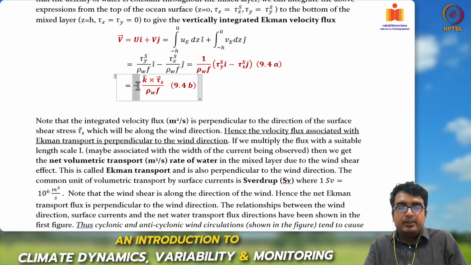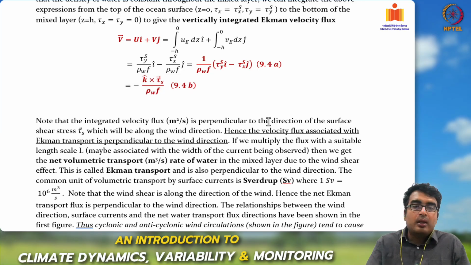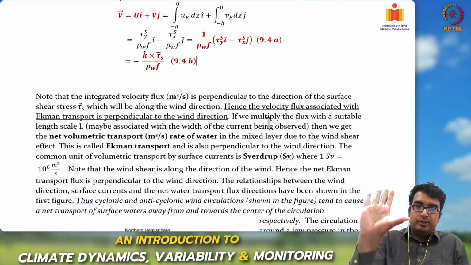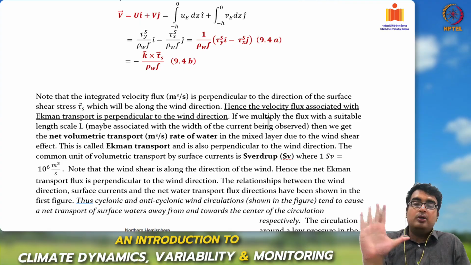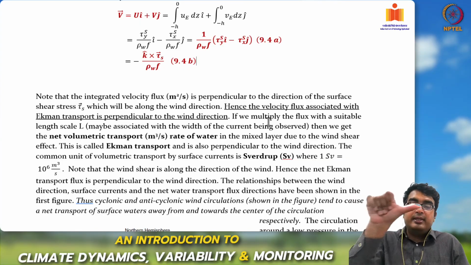Just remember that, I will put it in the correct form. This is negative of k cross the surface shear stress over rho w f. Now you have the correct direction. So k cross tau s is this direction, negative of this is this direction. So in the northern hemisphere it is going rightwards, and in the southern hemisphere it's the opposite, so it's going in the leftward direction.